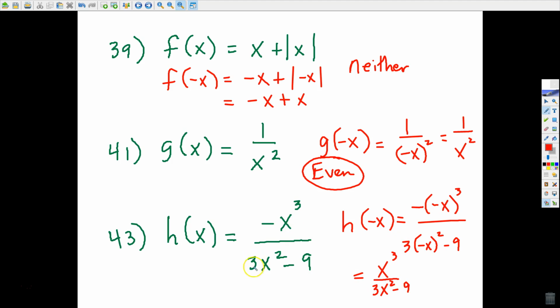Well, what happened here is it's as though, we've talked about this before, we just put a minus sign in front, which changes either the numerator or the denominator. It won't change both. All it takes is to change either numerator or denominator to make this a negative fraction. So we have the opposite of what we started with in terms of sign. So that means for number 43, this is going to be an odd function. We're going to have origin symmetry.